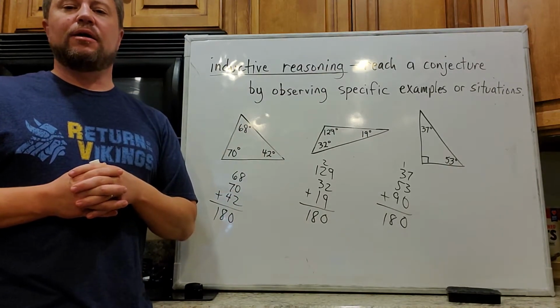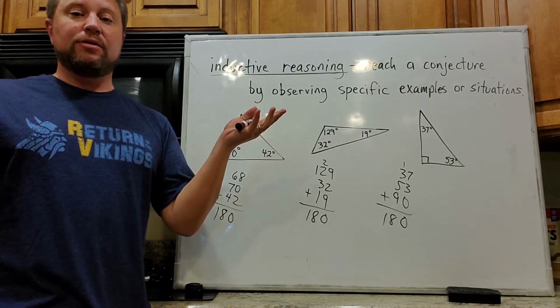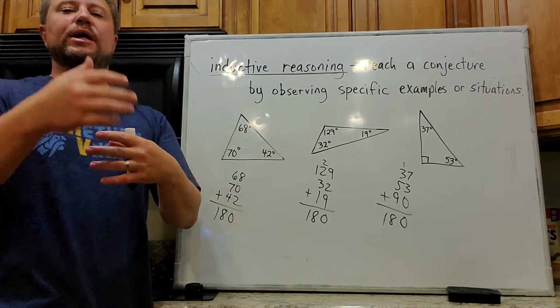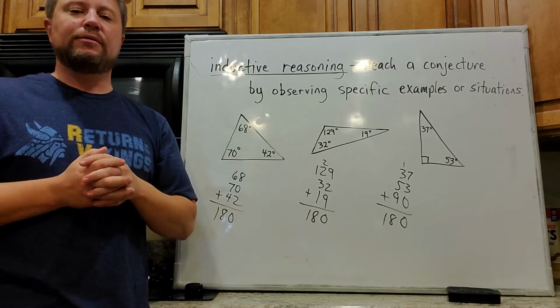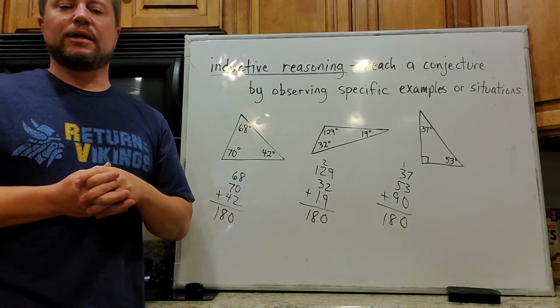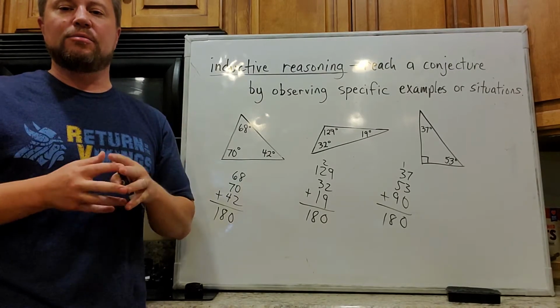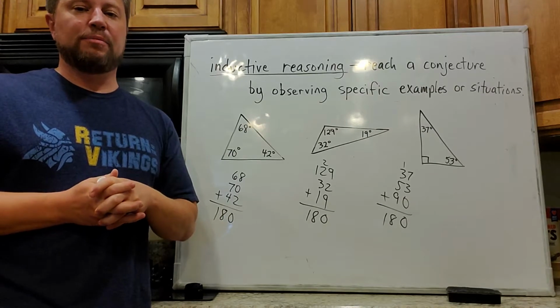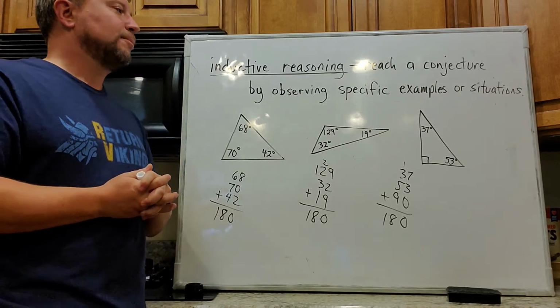I'm basing it on the last billion years, where every day, day after day after day, the sun has risen in the morning. So I have plenty of examples that indicate that that's going to happen again tomorrow morning. So I can make that conjecture pretty safely, a pretty strong conjecture.